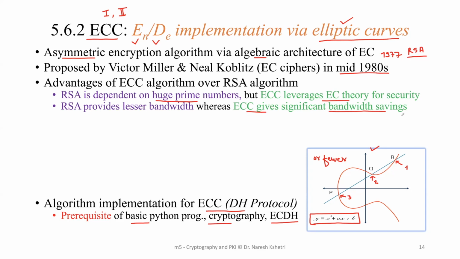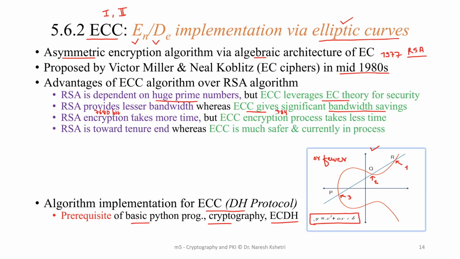That is why more websites are using ECC to secure their data. The third point: RSA encryption takes more time, but ECC encryption takes less time, and we will show how exactly that happens. When it comes to key bit length, an ECC key of 384 bits requires the same level of security as an RSA key of 7680 bits.